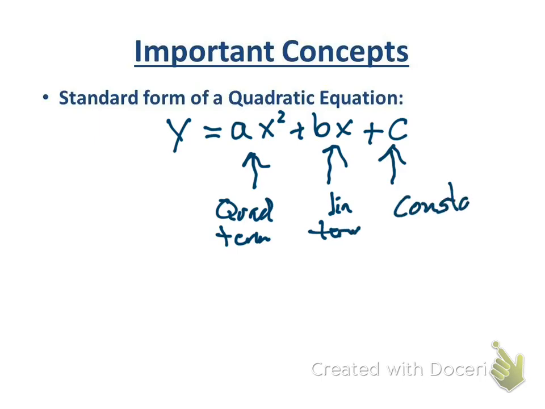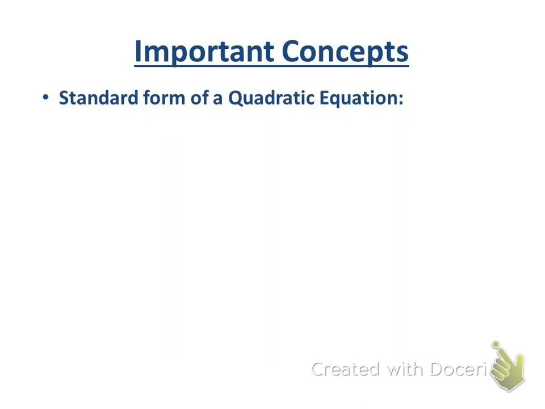Each one of those has a part to play. Which piece dominates the equation? The quadratic term, right? If we're squaring a number, it's going to have a larger effect than just plugging the number in and multiplying it by whatever b is. Squaring it, that's why that dominates the shape of the graph. So that's the standard form of a quadratic function.